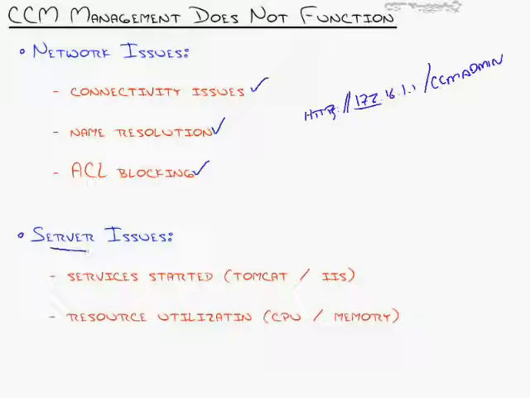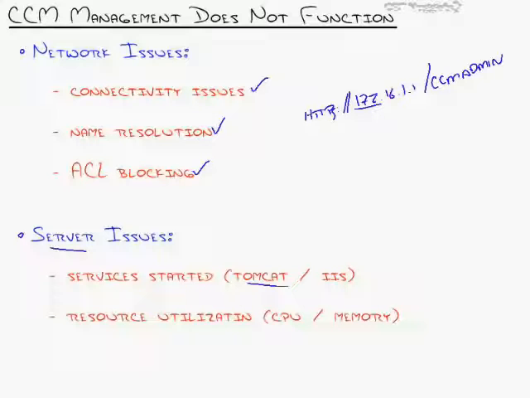Server issues themselves, it could be utilization. It could be related to the services being stopped, like the Tomcat or IIS web service. And I mentioned that on the subscribers. So you can go in, and you've seen the control center enough, through the control center in Call Manager 6, make sure your Tomcat web server is running.